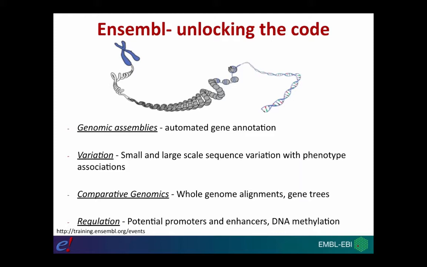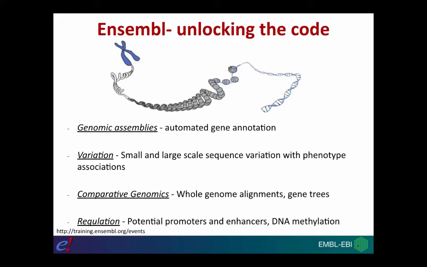Within Ensembl, there are around 20, 21, 22, 23 species that have variation data available. So we import millions of variants for a number of different species, which include both small and large scale sequence variants with phenotype associations as well. And we also import variation data where it's available for non-vertebrate species in Ensembl Genomes as well. One of the other data types that we generate is called comparative genomics.